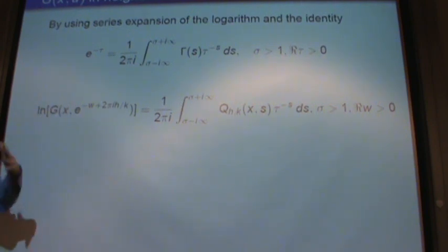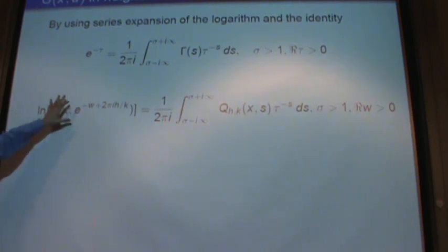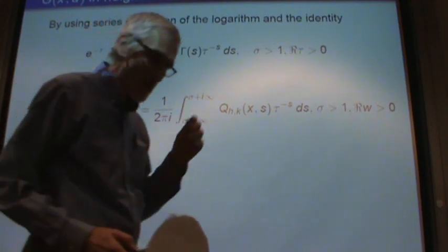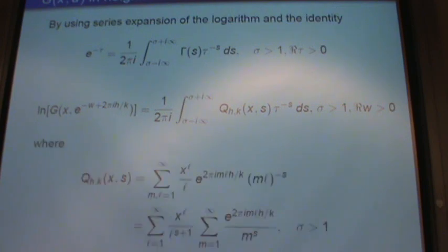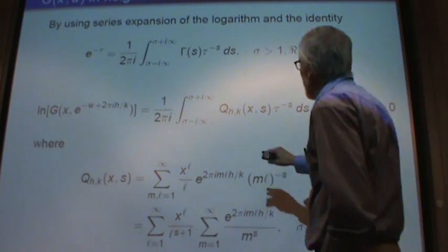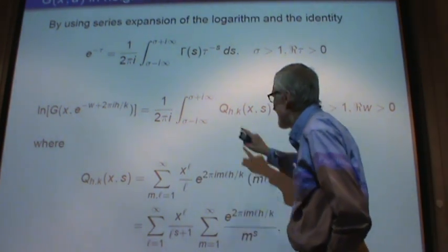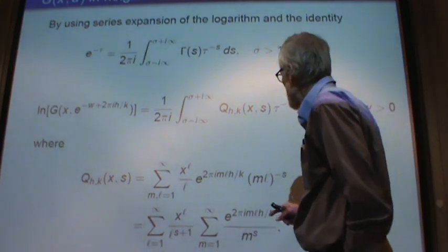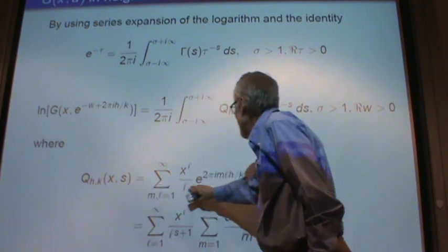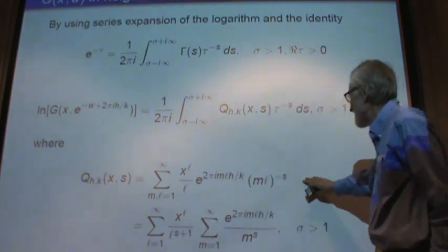Right, so I do some work. All right, so however many months it took. So you look at this, and it turns out this is a pretty cool way of getting control of the generating function in the neighborhood of a rational point. So in this expression, we introduce these functions Q_{h,k}, and we just do a series expansion. We get a function that looks like this.